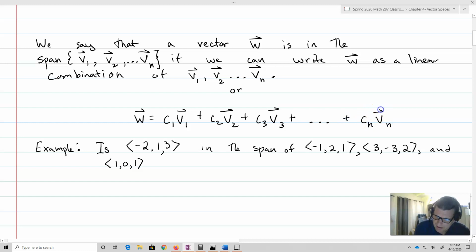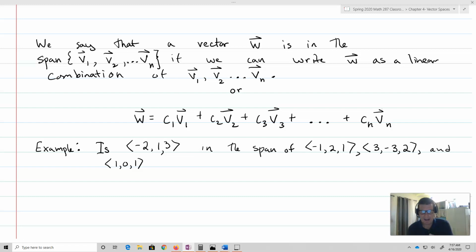So if we can somehow find the right scalars, some Ci's that belong to R, and construct this linear combination out of those Ci's and the Vi's, then what we end up with is a vector that's actually in the space.